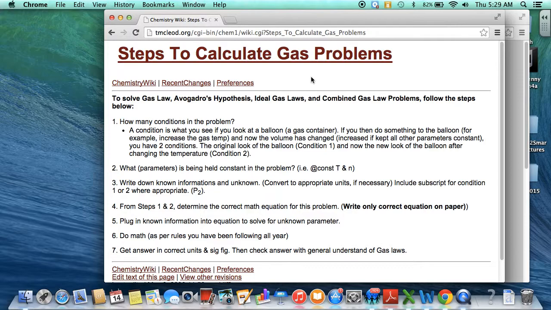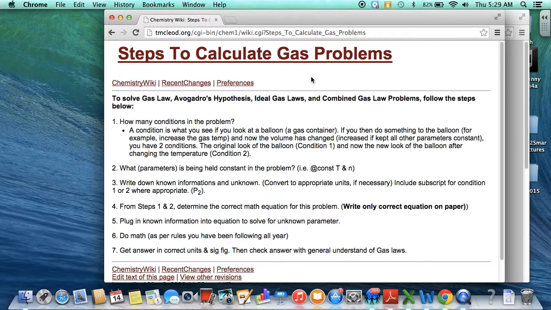When you do gas problems, there are several questions you ask yourself to figure out which equation or concept you're going to use. The first question is what I call conditions. How many conditions do you have in the problem? Look at the gas question and ask: are you doing something to the gas? Are you compressing it, cooling it, or heating it?